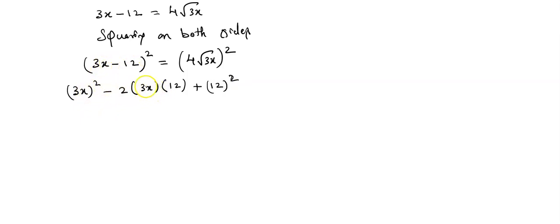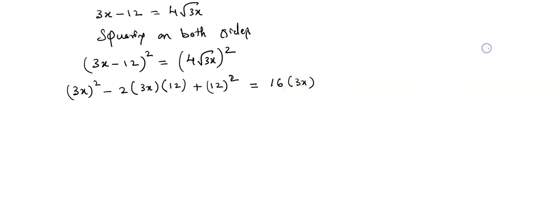That is equal to, for 4 also there is a square, for root 3x also there is a square. What is 4 square? 4 square is 16. Root 3x whole square, square and square root get cancelled, so left out is 3x. If you have not understood, for 4 also we have to do square, for root 3x also we have to do square. So 4 square is 16, square and square root get cancelled, that is 3x.